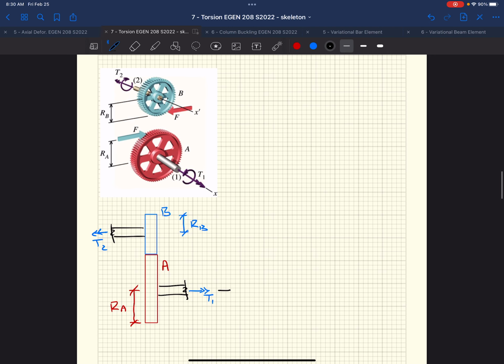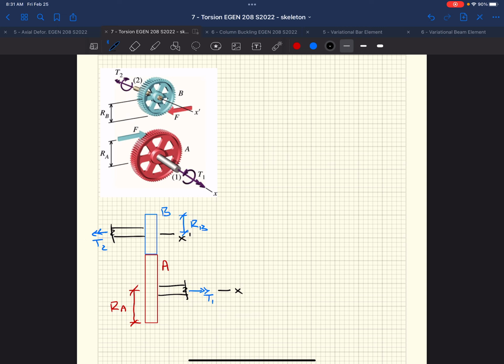We need coordinates, so I'm going to say that's X, and this is X bar, or X prime. So that's what we have: 2 gears, mated. They're at the end of 2 different shafts. Each of these shafts have a torque in them, right?